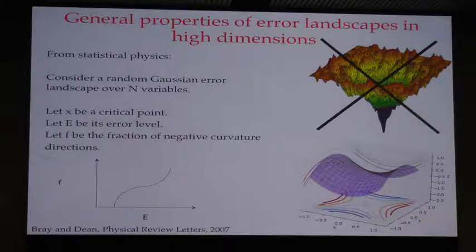The global minimum is here at lowest error, and the fraction of negative eigenvalues is 0. Here's the global maximum, highest error, and the fraction of negative eigenvalues is 1. And they concentrate on this monotonically increasing curve such that the higher the error level of the critical point, the more negative curvature directions.